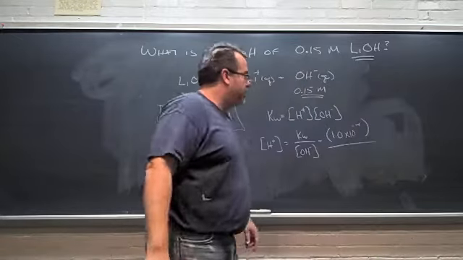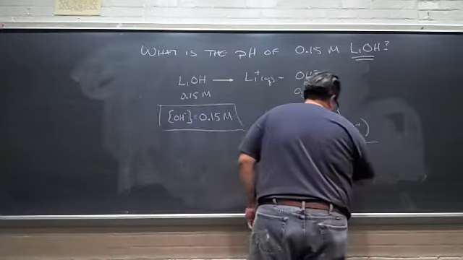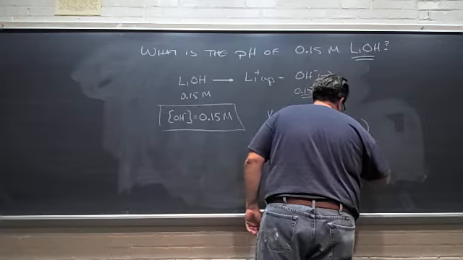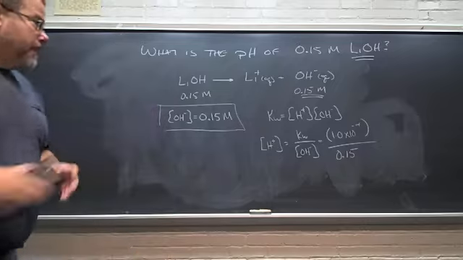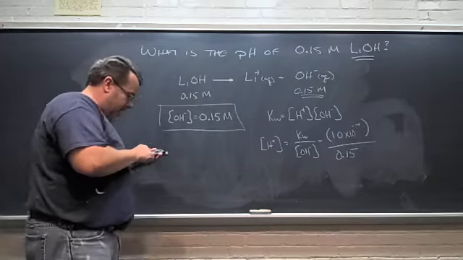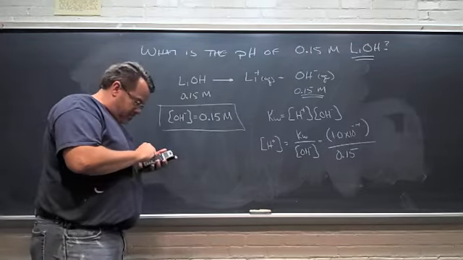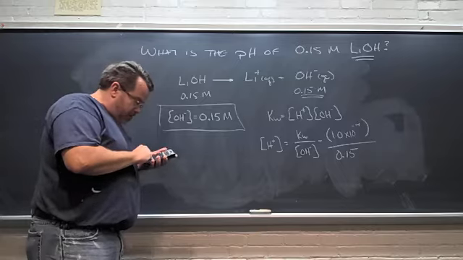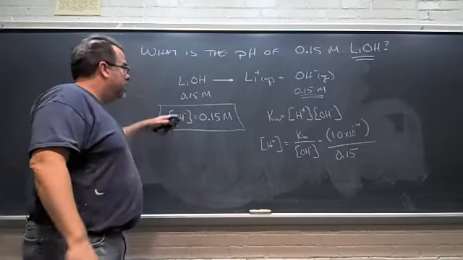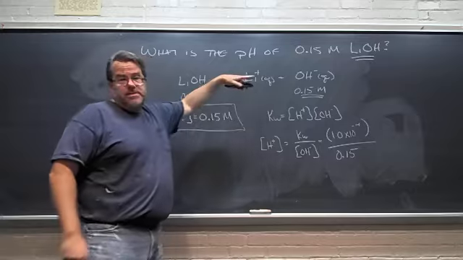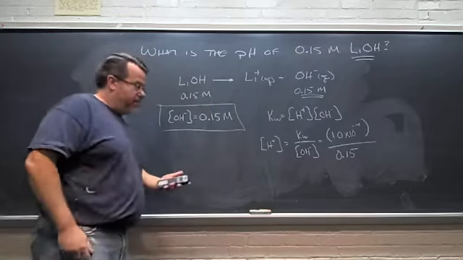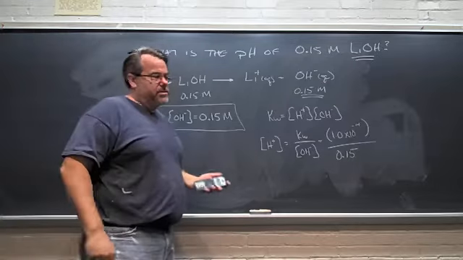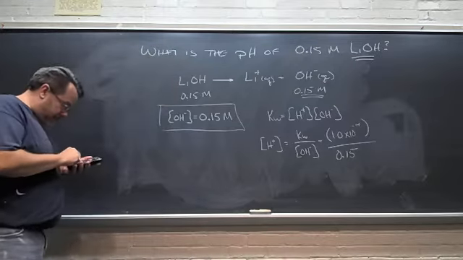So that's 10 to the minus 14 divided by 0.15. Okay. And this is going to be a very small number, which we would expect, right? Because lithium hydroxide is a base, the solution is going to be basic, so the concentration of H plus should be very small, right?